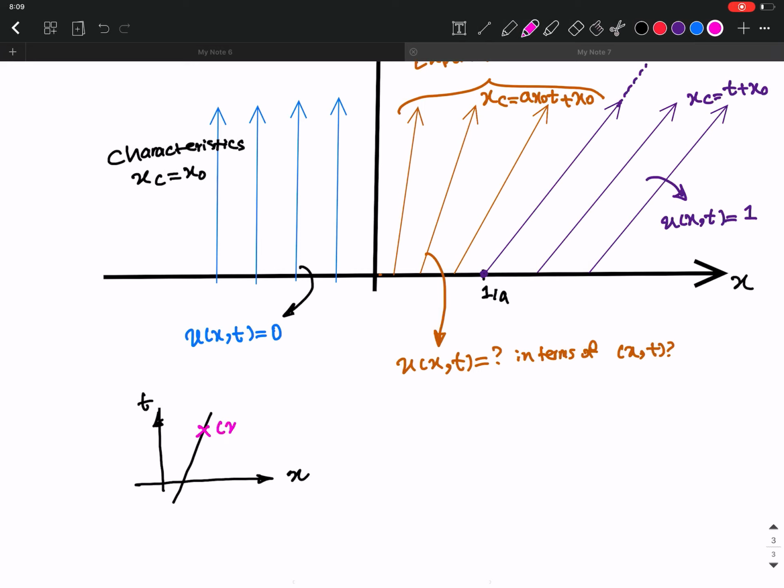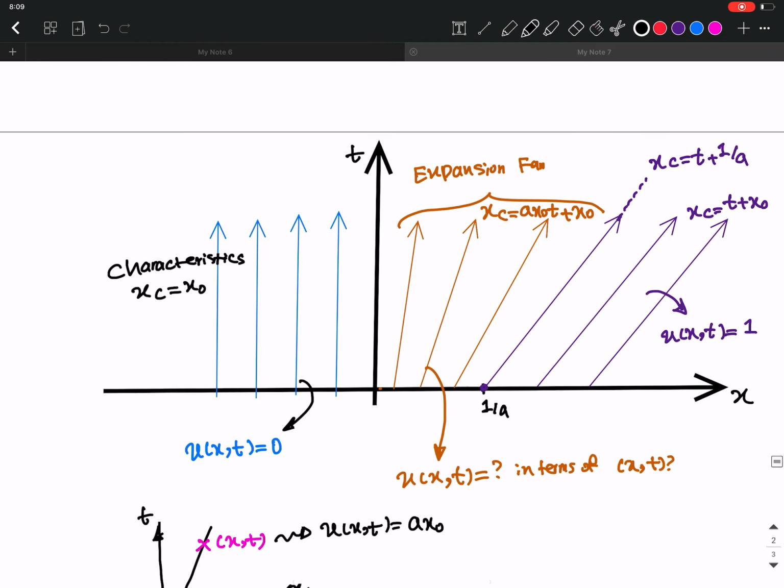So here, say, is x and t, and here is going to be x0. I know two things here. First, I know that u at x and t is going to be a x0, right?